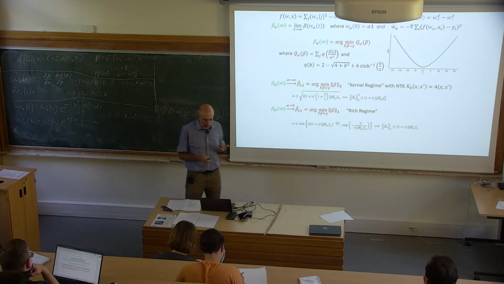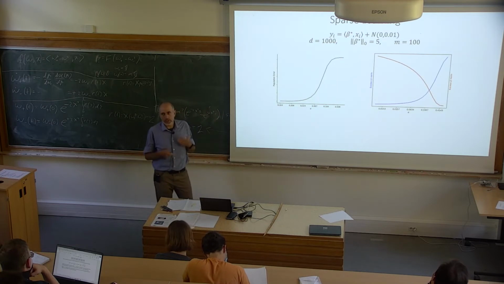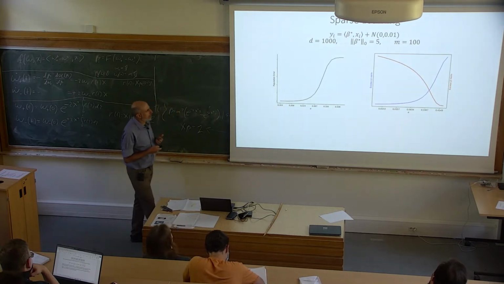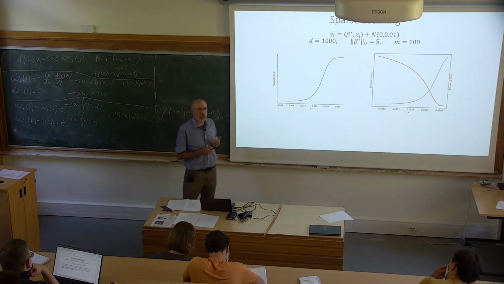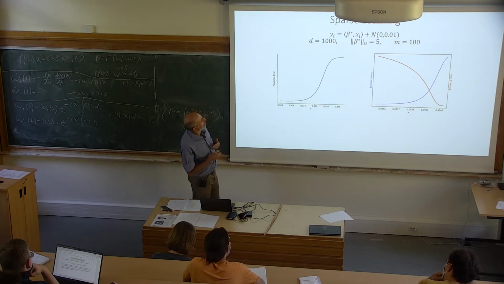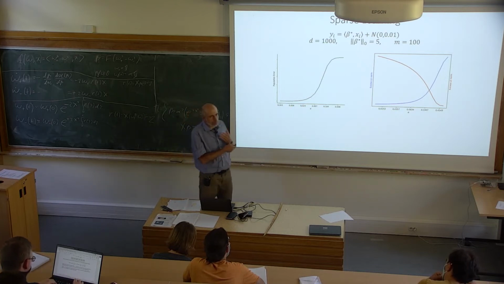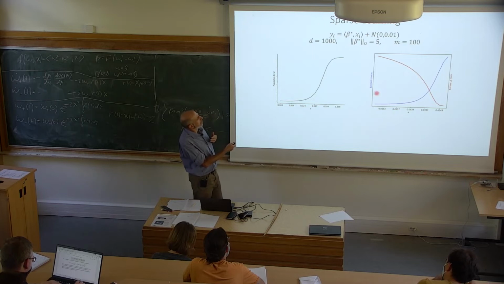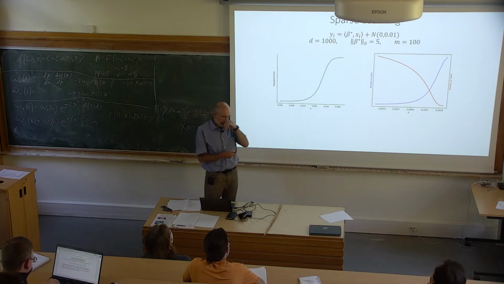Just to emphasize the point from before, this means that even with finite alpha, I can solve sparse regression problems. We have just a linear problem, because in function space we're just talking about linear functions.